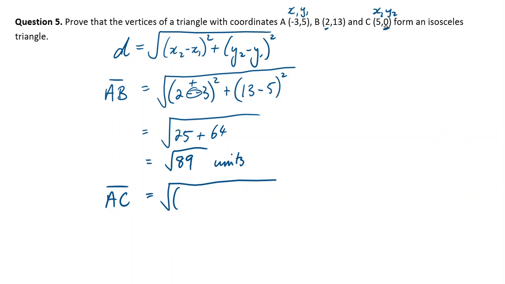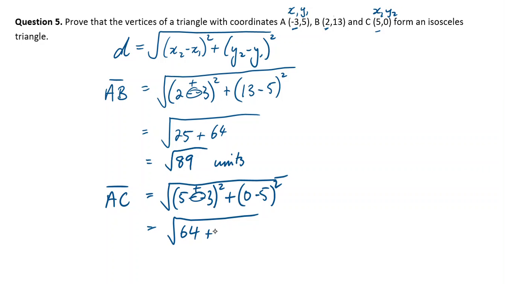So our x2 that we're going to start with is 5 minus x1, which is negative 3 again, so negative 3 getting squared, plus y2, which is 0, minus y1, which is 5, getting squared as well. Then we see it's a plus, so that's going to be 8 squared, 64, plus, now we've got negative 5 in this bracket, but negative 5 all squared gives positive 25. So again, we get the square root of 89 units.